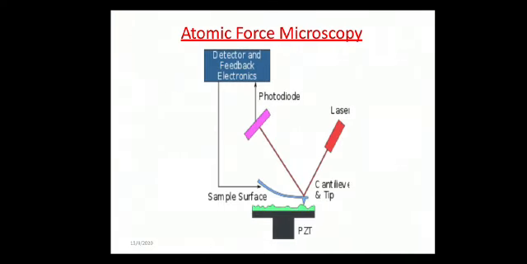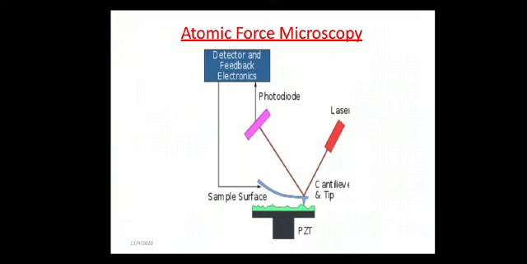The next type of instrument we can see is the atomic force microscope, also known as the scanning force microscope. The atomic force microscope is designed to measure local properties such as height, friction, and magnetism with a probe to acquire an image.